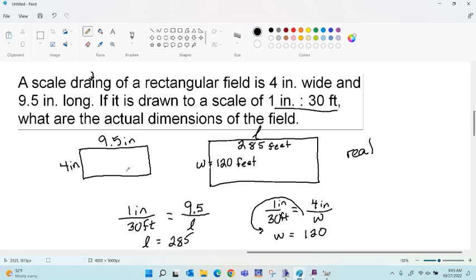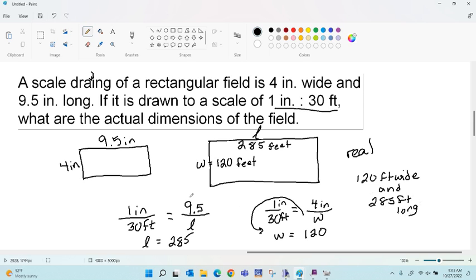You've got the model and you've got the real, and then I've actually made a model of the real. I'm just trying to make you see it in your mind. So the dimensions of the field are 120 feet wide and 285 feet long.